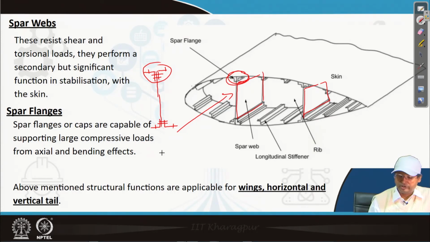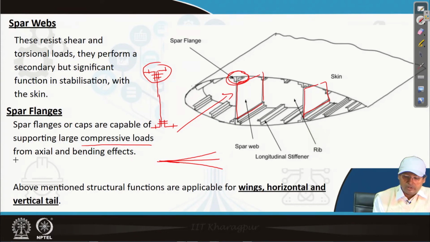So, while the wing is deflecting this way while flying, or while taxiing due to the other loads, this portion will act to counter compressive loads from axial and bending effects.